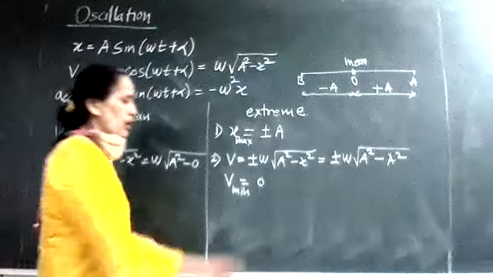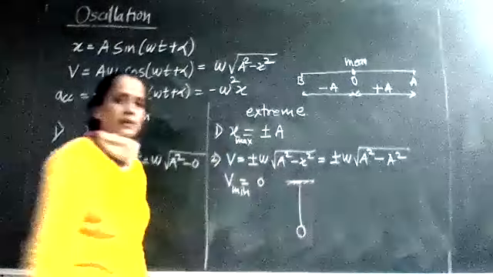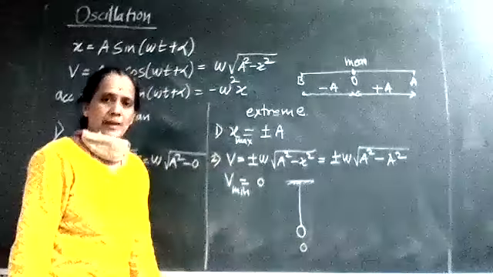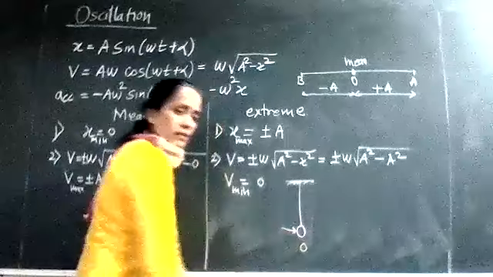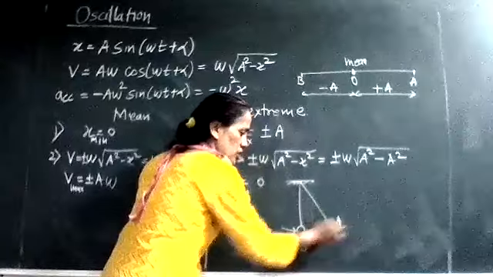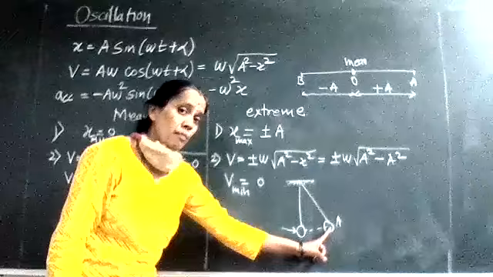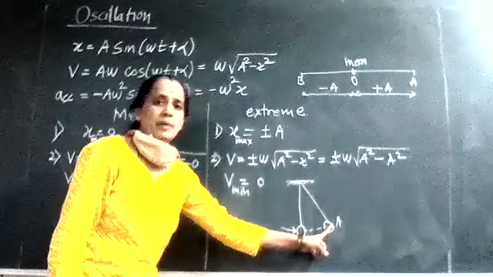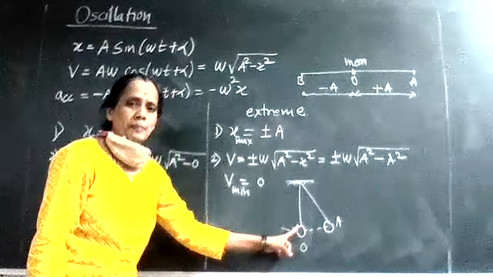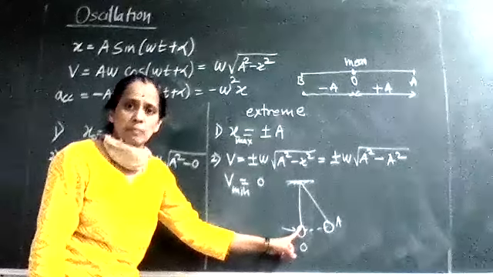That's why if you concentrate on the example of a pendulum, see here, pendulum is at mean position. When you apply a force, pendulum will get displaced from mean position to extreme position. When it goes to extreme, its velocity will become 0. As its velocity becomes 0, this pendulum will come back to mean position. When it comes back to mean position, its velocity will become maximum.